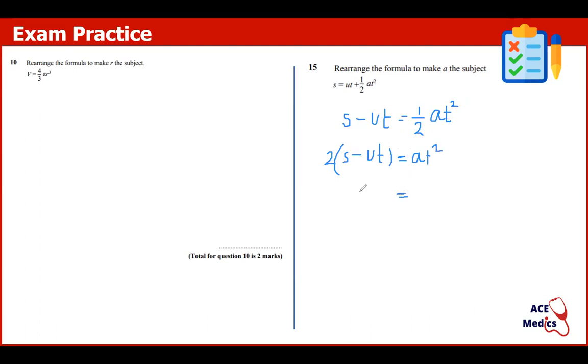Then all we need to do to get A by itself is to divide everything by T squared. So 2 brackets S minus UT over T squared equals A. And that is everything. Does that make sense to everyone?